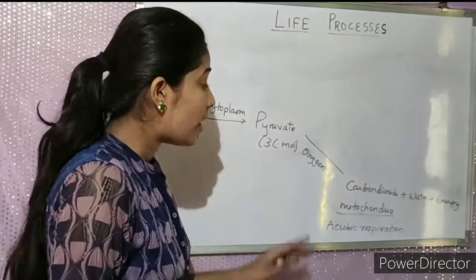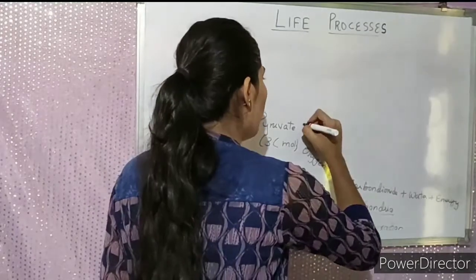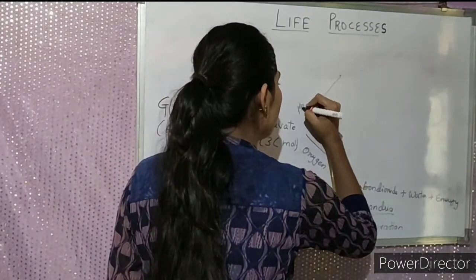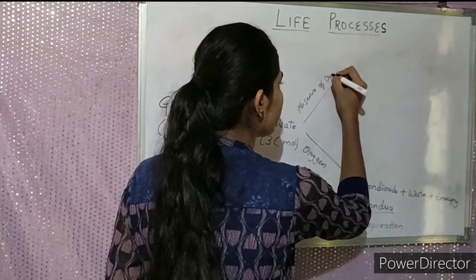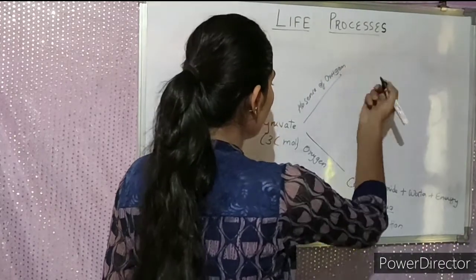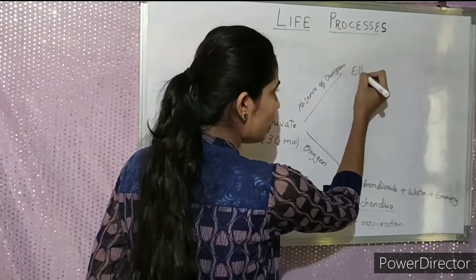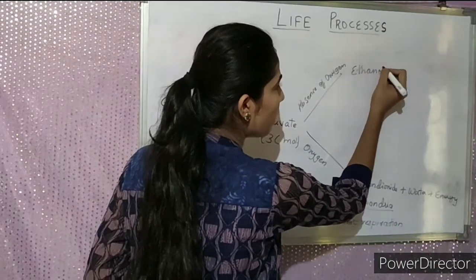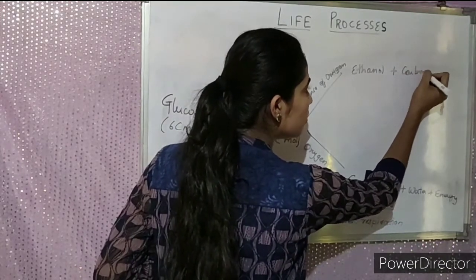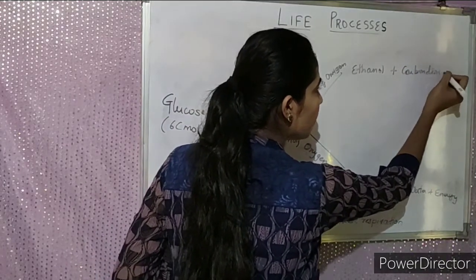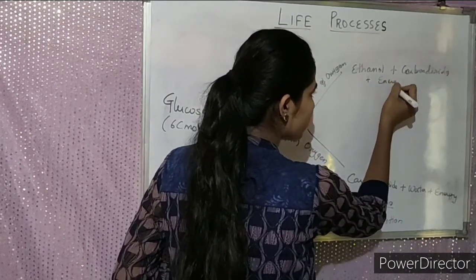Okay. Now some organisms do not use any oxygen. So when there is absence of oxygen, the pyruvate gets converted into ethanol plus carbon dioxide plus energy.